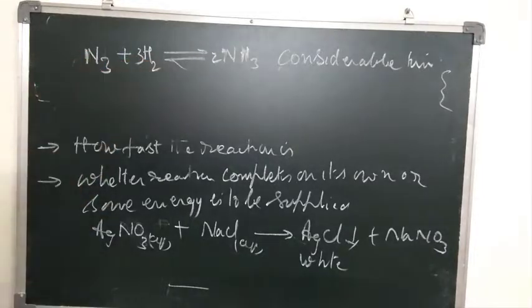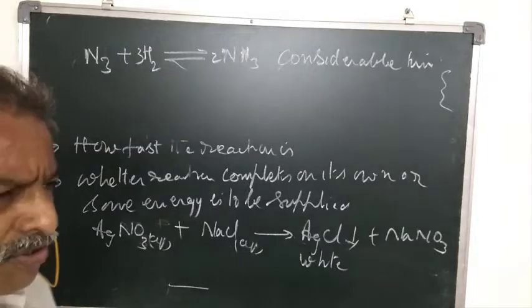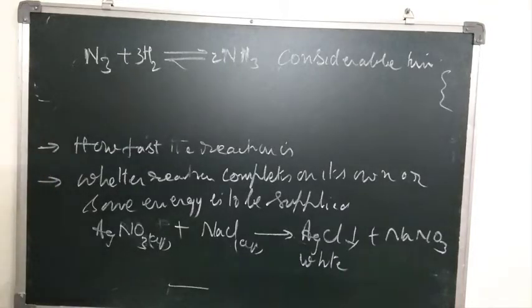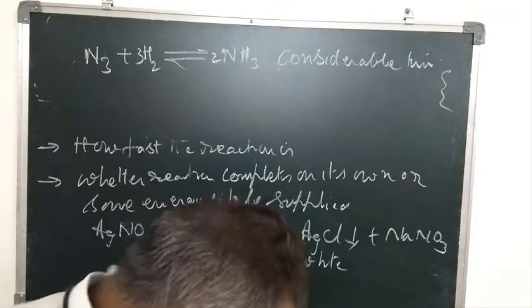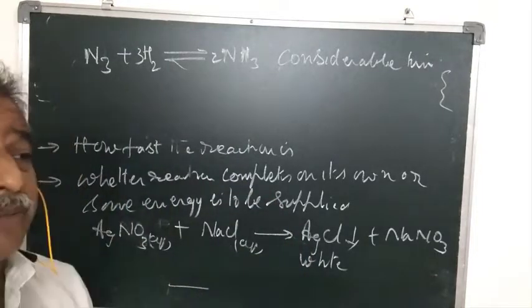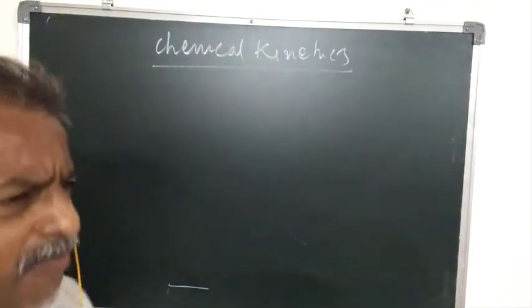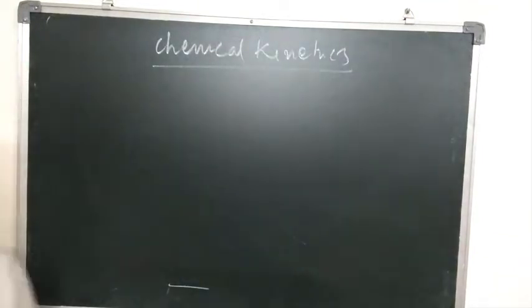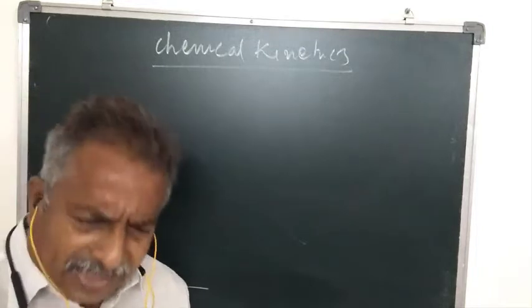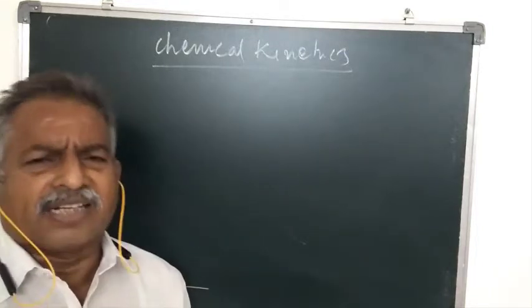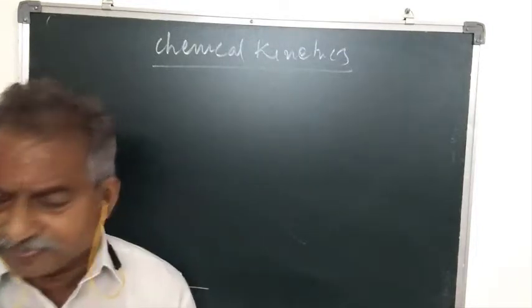So in this chapter we can find out the time taken for a reaction and of course the reaction conditions for the completion of the reaction, and this chapter we call Chemical Kinetics. So Chemical Kinetics is a branch which deals with the reaction timings and the reaction conditions.